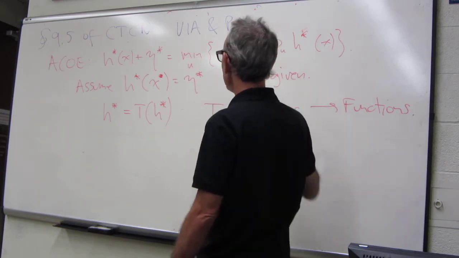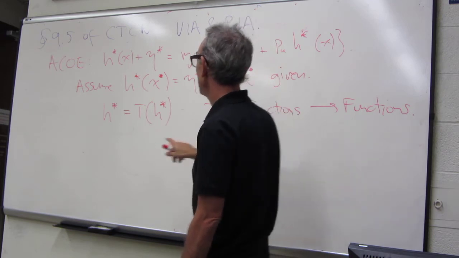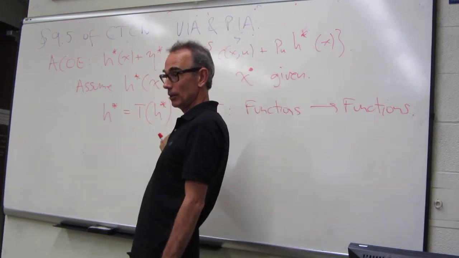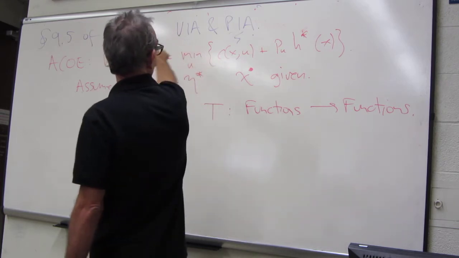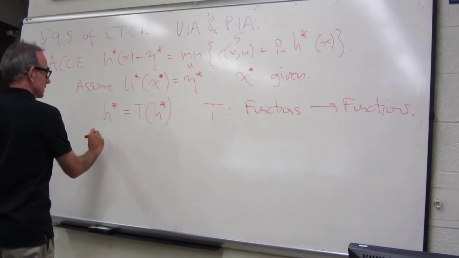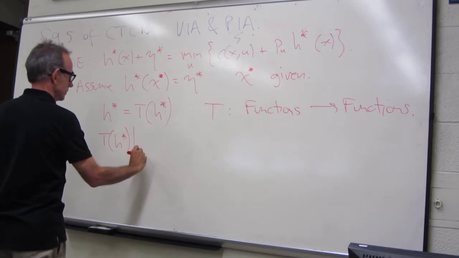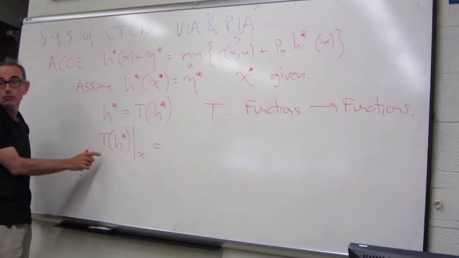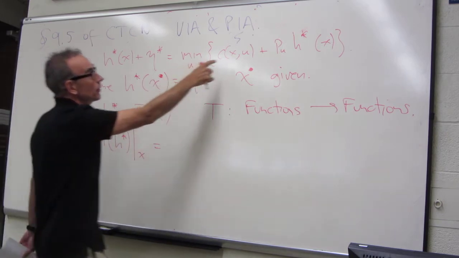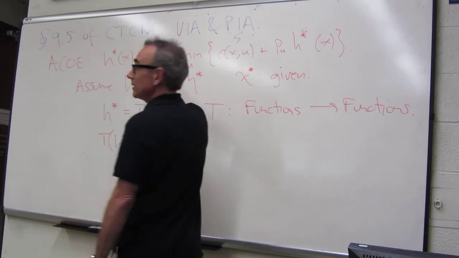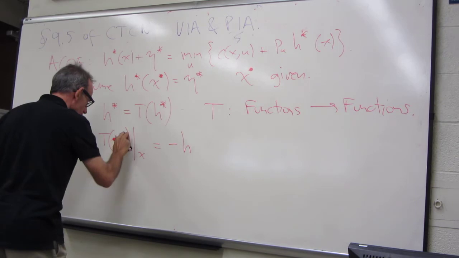So let's unravel this. I'm saying that I can write down a fixed point equation in the form h star equals T of h star, where T is a functional. It maps functions to functions. So T of h star is a function, and if I evaluate it at x, it's just equal to that, but minus this term here. And forget the stars.